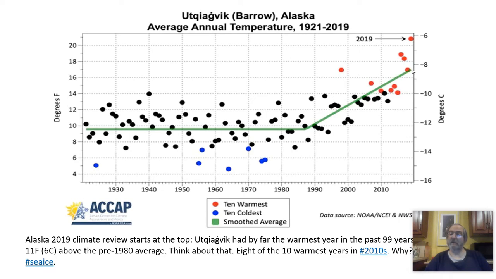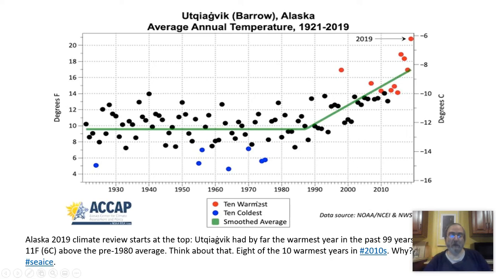That's a gain of approximately 7 degrees Fahrenheit. If you look at it in Celsius, that's going from about -13 to about -7, right? So that's about a gain of 6 degrees Celsius.